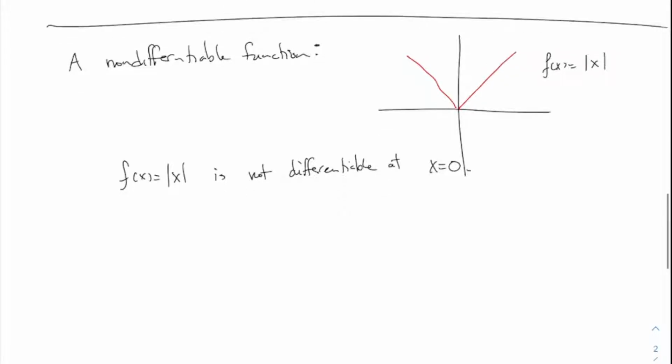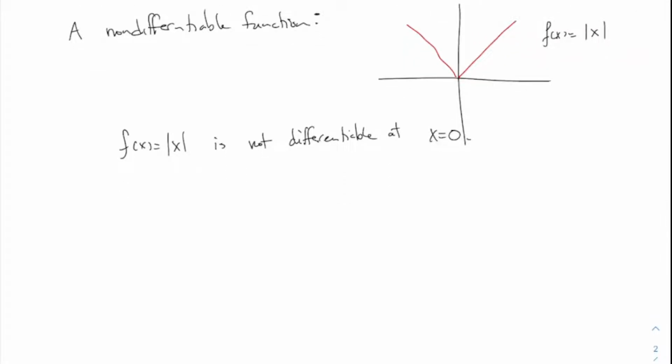So let's see if we can make that happen. f prime of 0, just using the definition of the derivative, would be this. Lim x goes to, remember it usually says lim x goes to c, but c in this example is 0, so it's going to be lim x goes to 0. f of x minus f of c would be that. I'm using c equals 0 in the definition of the derivative.